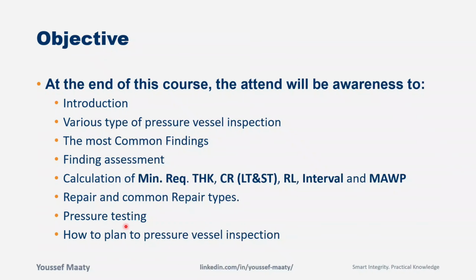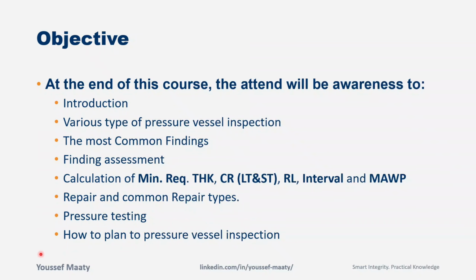This could be pneumatic testing using nitrogen or air, or hydrostatic testing using water or another liquid. We will discuss the requirements and calculations for each test. After covering all these topics, you will have a complete understanding of pressure vessel inspection. We will then review practical case studies.